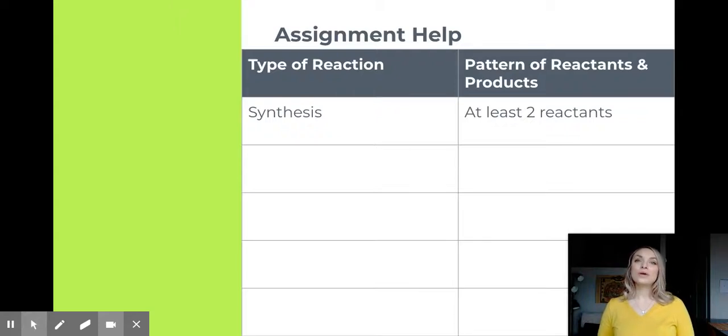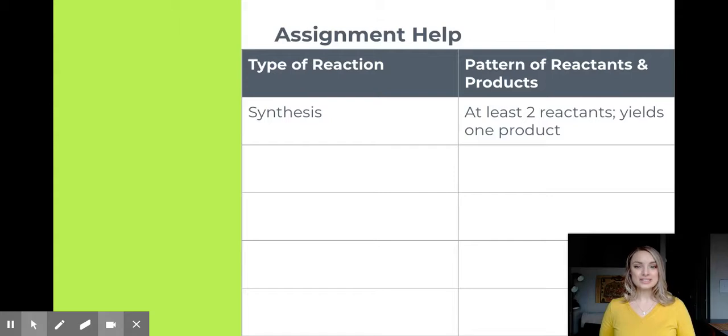And then when I'm synthesizing, those reactants are going to combine and they're going to form just 1 product. So I would write at least 2 reactants yields 1 product. So I'm going to practice using that word yields because I know that that's a scientific word that I'm going to have to keep using over and over again. So this is an example for synthesis.